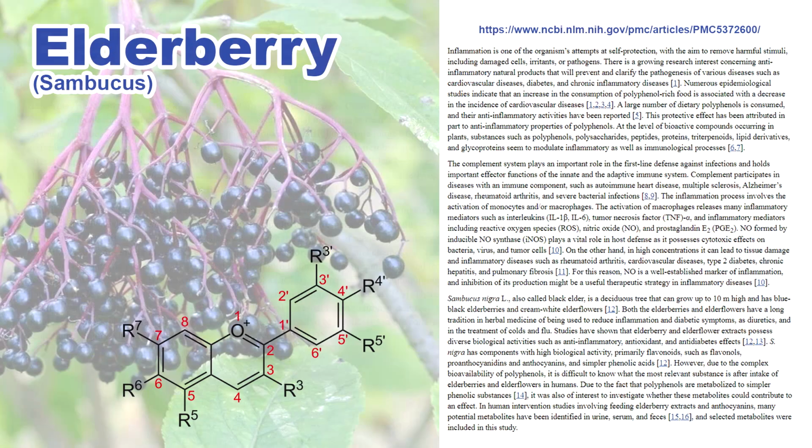What else we got? Elderberry. Oh man, we got elderberry up in the building. Inflammation is one of the organism's attempts at self-protection with the aim to remove harmful stimuli, including damaged cells, irritants, or pathogens. There's a growing research interest concerning anti-inflammatory natural products that will prevent and clarify the pathogenesis of various diseases such as cardiovascular diseases, diabetes, and chronic inflammatory diseases.